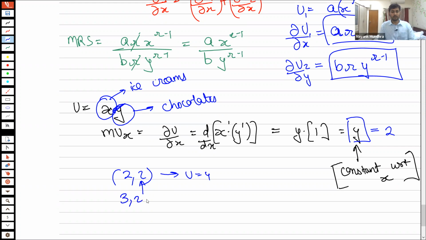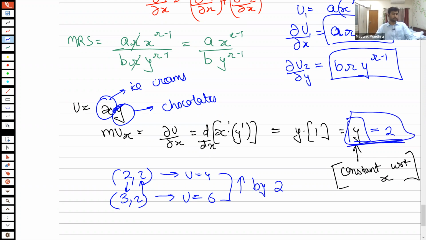At 3 comma 2, your utility is 6. So as you increase the consumption of ice cream by 1 unit, your utility increases by 2 units, which is basically your marginal utility.